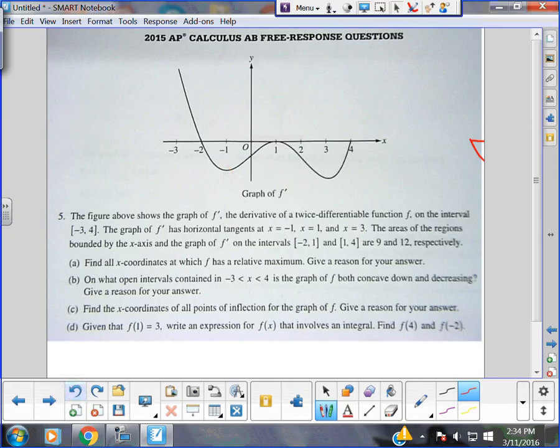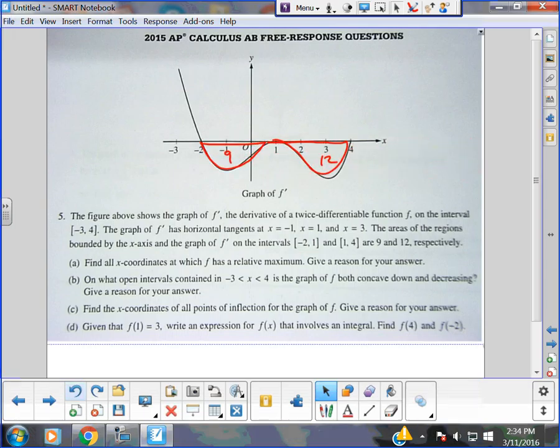And then the question that's really hard to understand. The areas of the regions bound by the x-axis and the graph of f prime on the intervals -2 to 1 and 1 to 4 are 9 and 12 respectively. Everybody, I had to read this twice to understand what it meant. What it means is that the area in those two regions is 9 and 12.